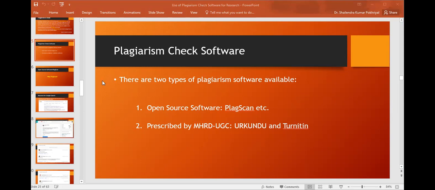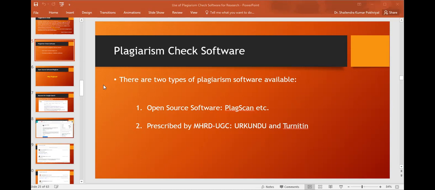So how to check plagiarism? There are two types of plagiarism software basically available. One is open source software, and here I'll tell you about Plagiarism. The second is prescribed by MHRD UGC. The first one is open, and the second is Turnitin.